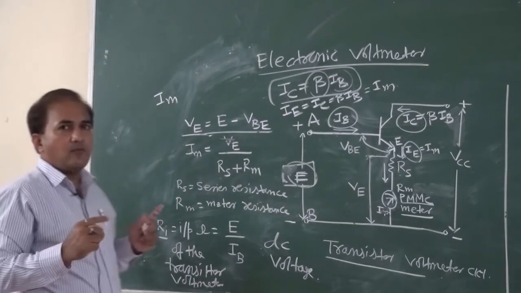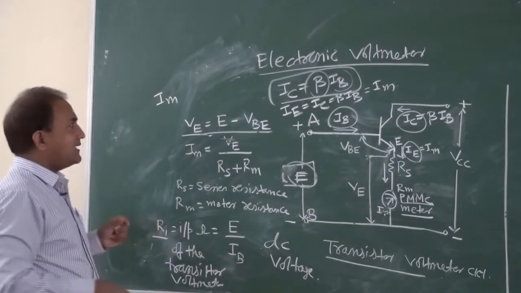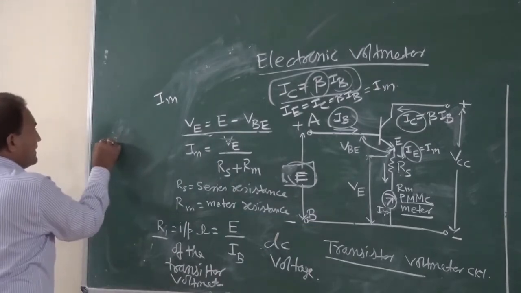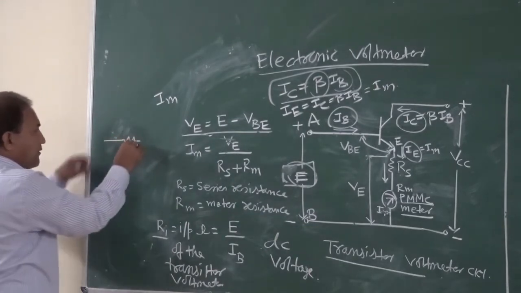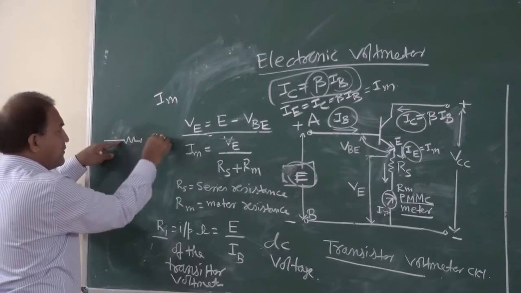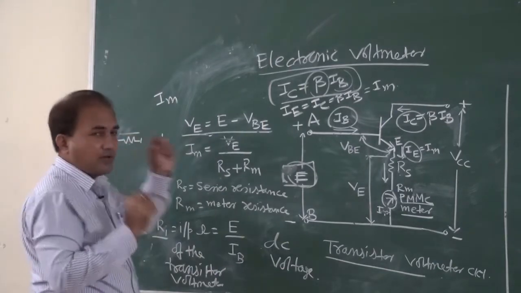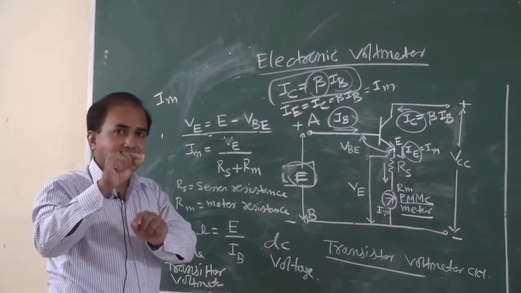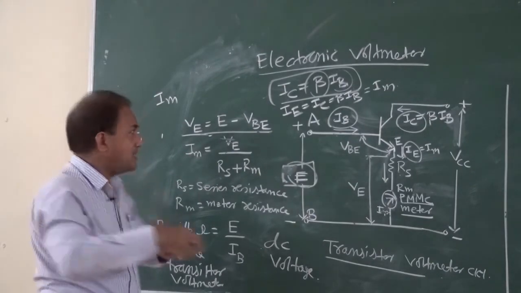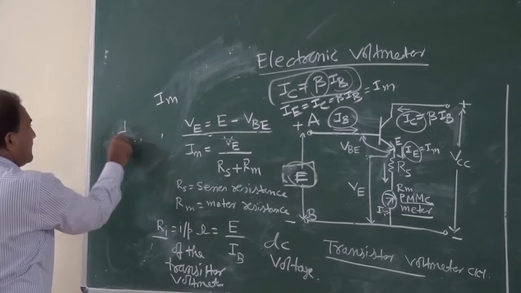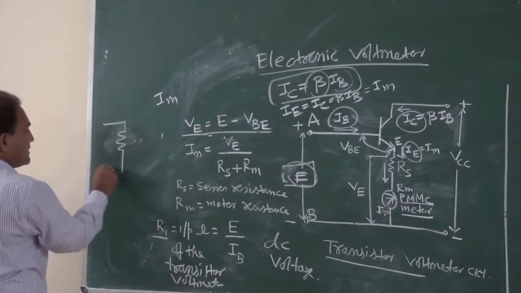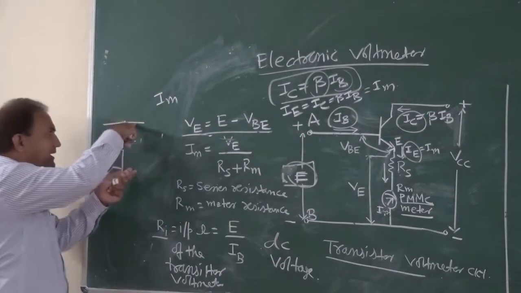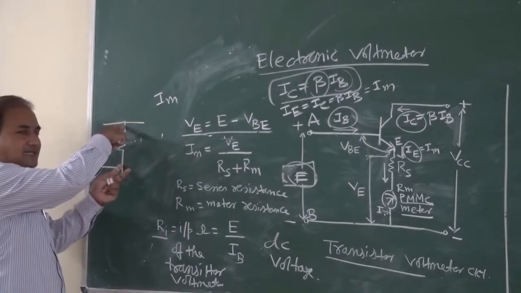And one thing we have to remember is that an ammeter is always connected in series with the resistor whose current we want to measure, and a voltmeter is always connected in shunt with the resistance. Suppose we want to measure voltage across this resistance, then we have to connect in parallel to this resistance.